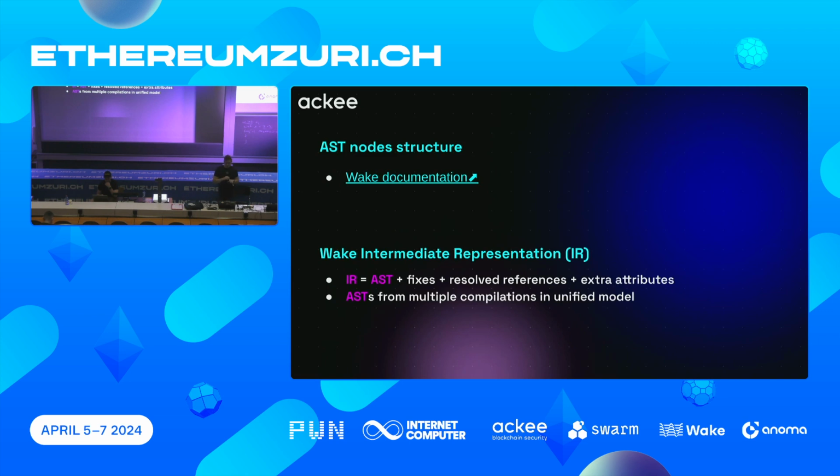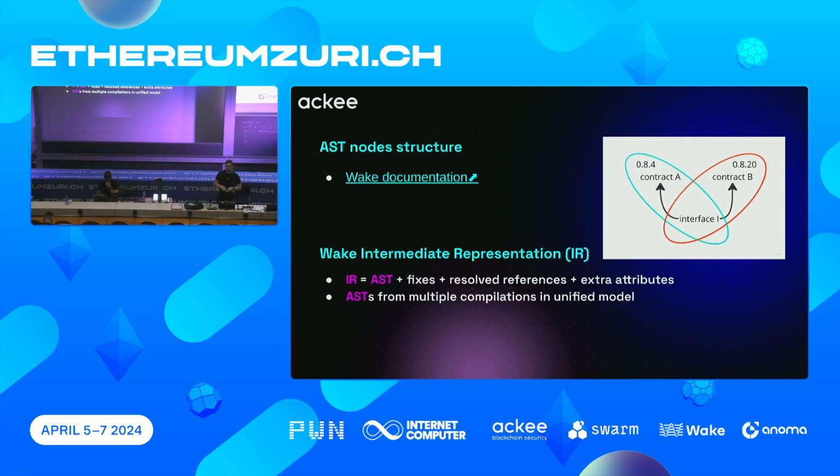Yeah, and there's also something that's related to the compilation before we generate that AST. I think I've got an image prepared here. Let's say we have a common interface for two contracts in two files. There's contract A and contract B in two different files, and there's a third file which contains an interface.